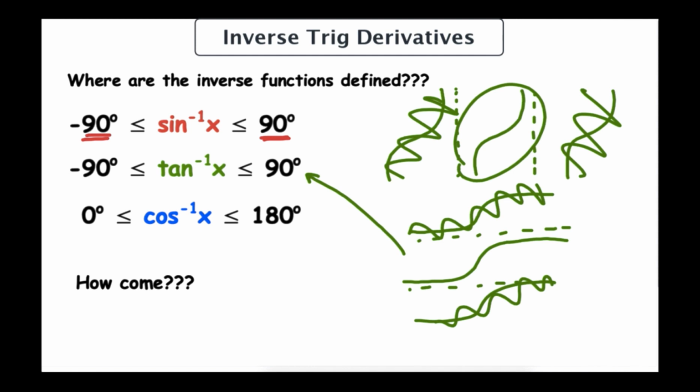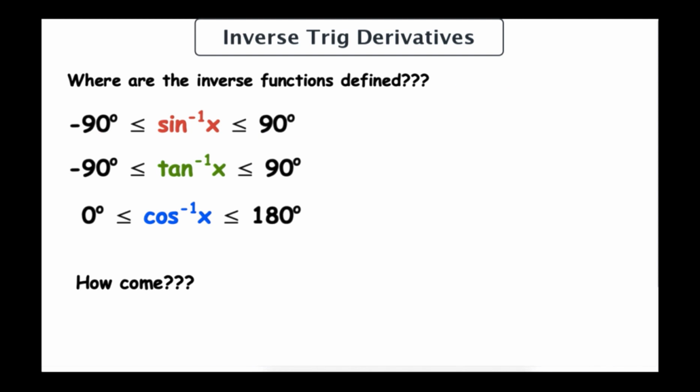And again, the cosine graph is just the sine graph shifted 90 degrees, so it's going to do the same thing. It's going to be defined between 0 and 180. And again, the reason that this all has to come about is that you have to obey the vertical line test to be a function. So my expectation is that you will remember these and keep these in mind.